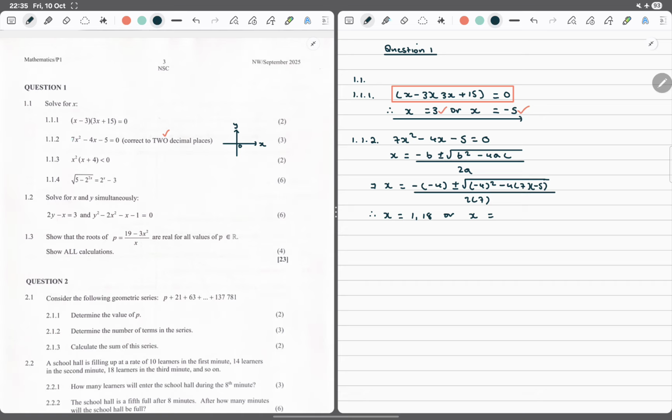So what does this mean? It means this business right there is what gives us our axis of symmetry. And so it means our axis of symmetry is on the positive x-axis with a negative y-intercept.